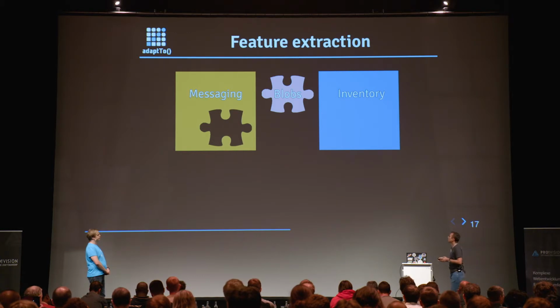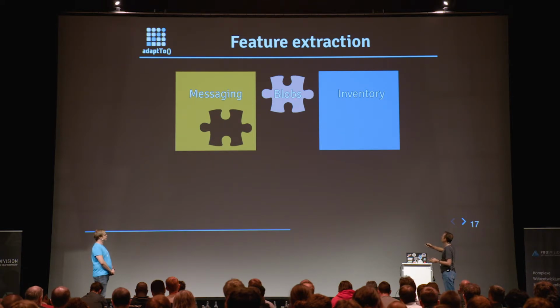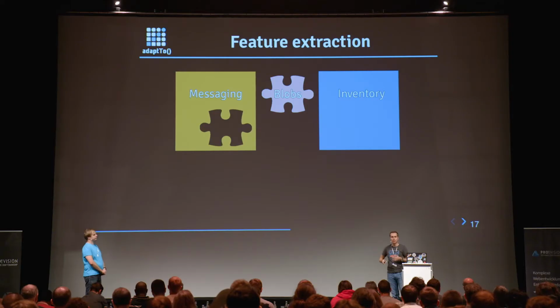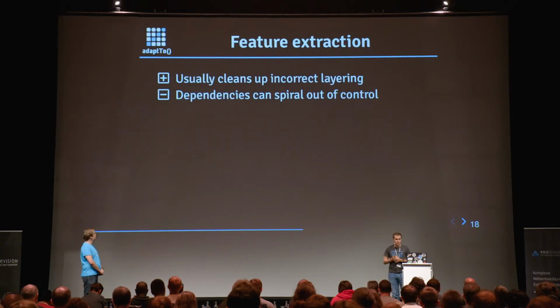What usually happens is you want to take away one of the components, and inventory depends on blobs in a hidden way, and when you take away messaging, suddenly that inventory module stops working. So what you need to do is extract this blobs feature to be its own standalone and rearrange the layers of your architecture.